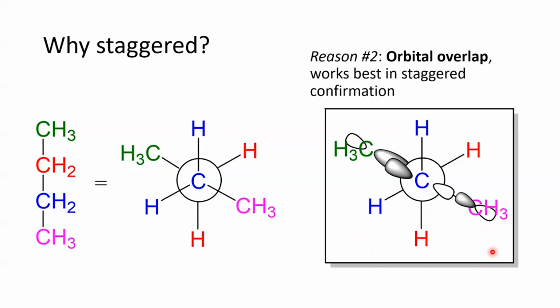I like to think about this in the same way that I think about resonance structures, in that even though this isn't a particularly likely situation to occur, it does show a way that electrons can be delocalized. And any of these overlapping orbitals, while electrons are being delocalized, are going to have a stabilizing effect over the entire molecule. So this staggered conformation is good for stabilizing atomic orbitals when they are delocalized.